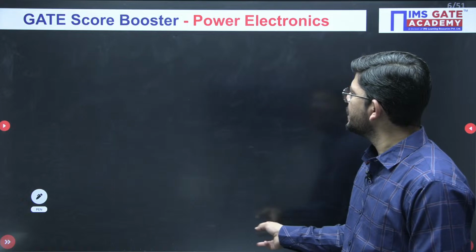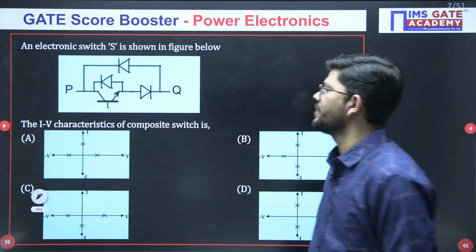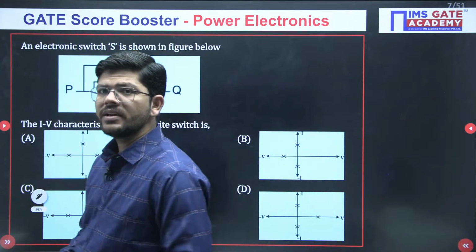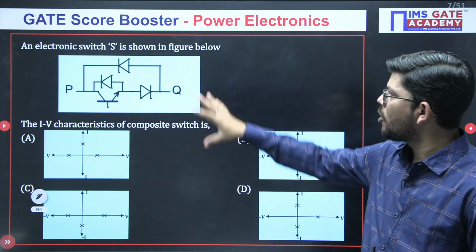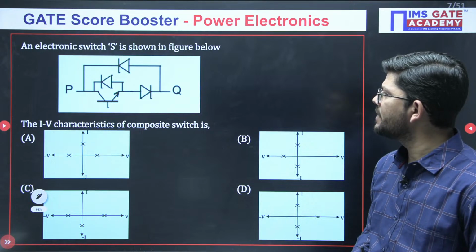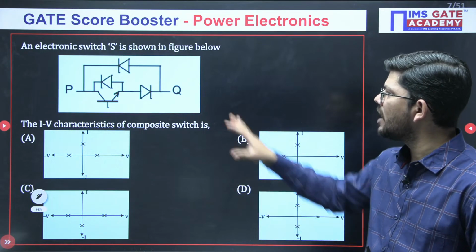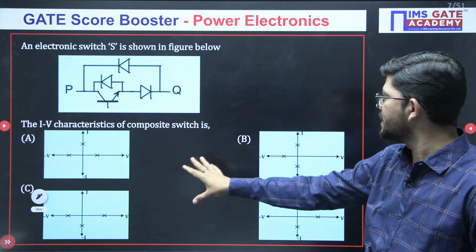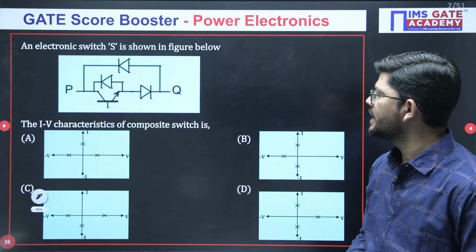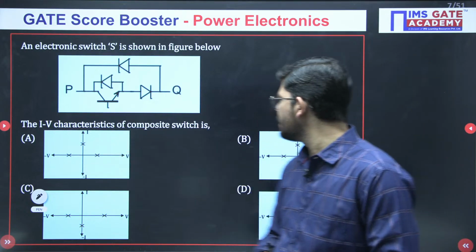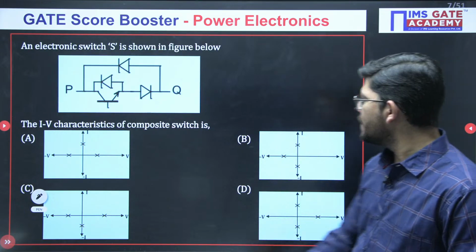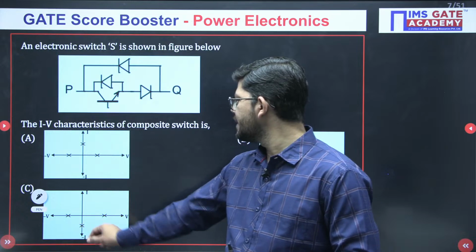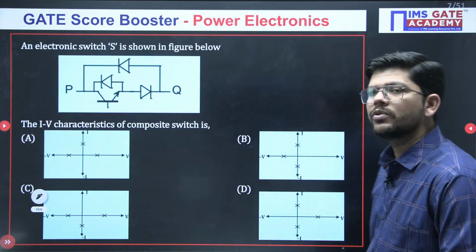So if you are done with this question, can you answer this question? Just see. In this we have this switch realization, this combination, and what will be the IV characteristic of the composite switch? How will this particular combination be realized? This is what you have to tell here. It will give first and second quadrant, or second and fourth quadrant operation, or third and fourth, or first and fourth.